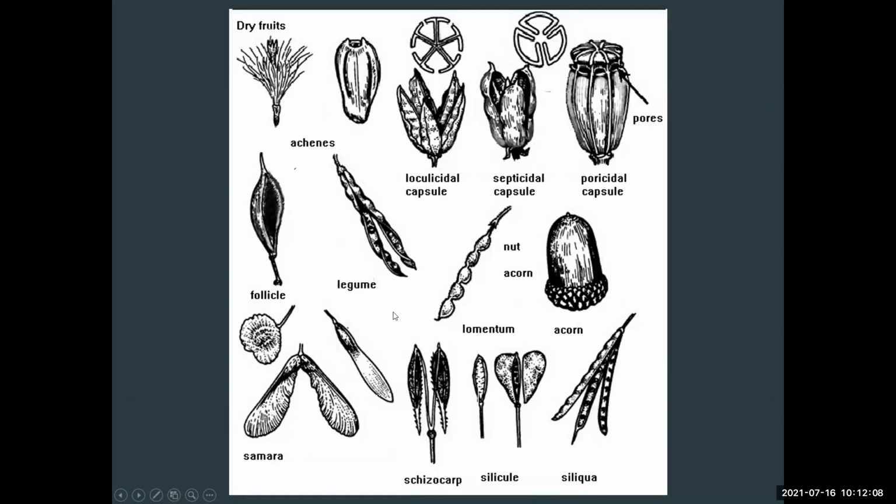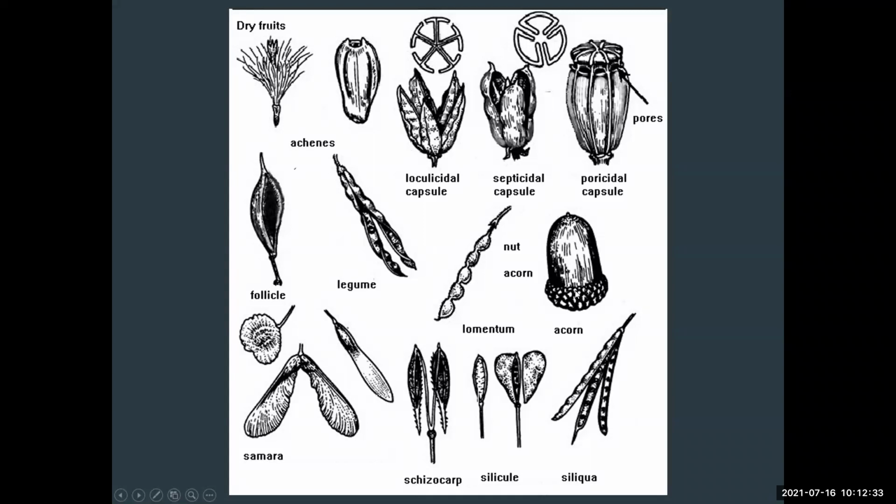And then for dry fruits, you have fruits that are single-seeded and disperse as a unit. So things like achenes, which are these small dry fruits, the entire thing drops off. Think about a sunflower seed, which is an achene. And then we have a larger version of that, which we call a nut.